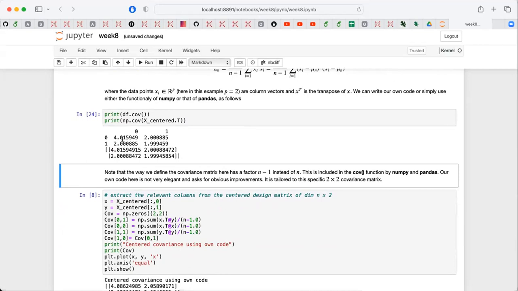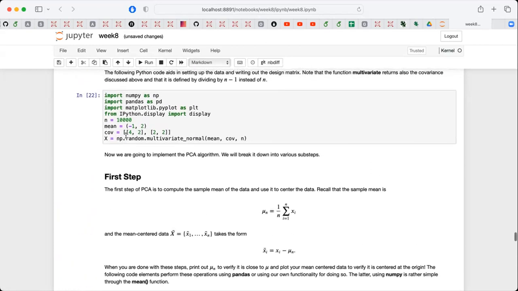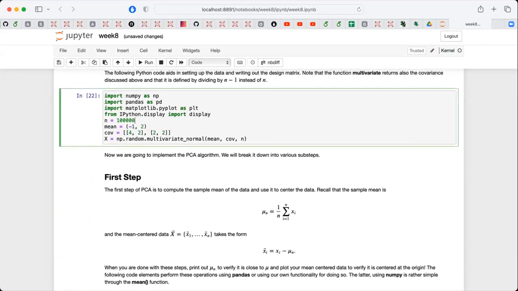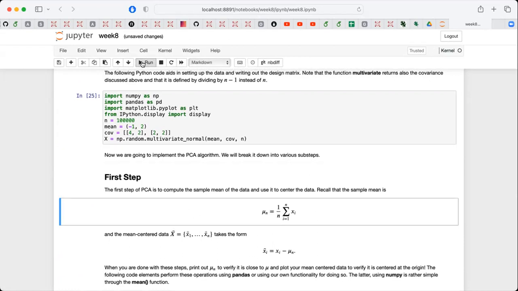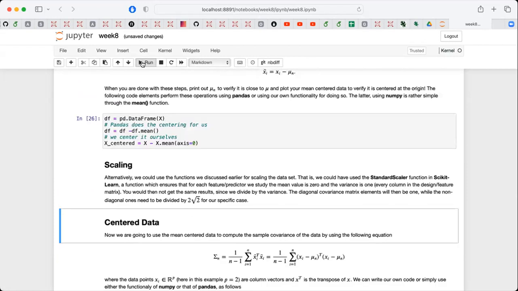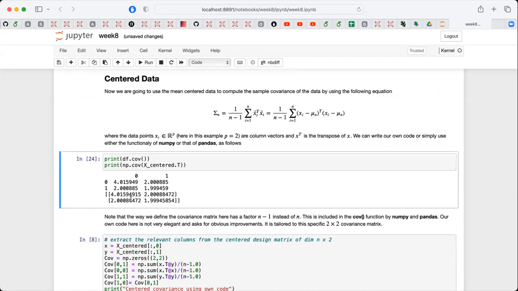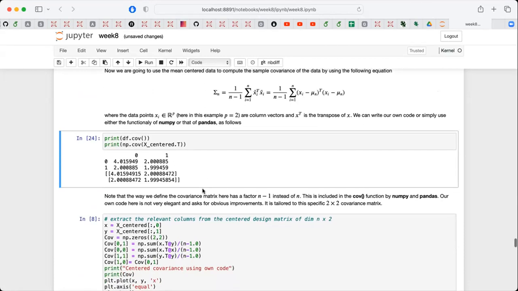I'm not getting the exact covariance because I have a limited data set. So if I increase the data set to, let's say, 100,000, then with the data I generate for the distribution, I'm going to get a covariance which is closer to 4 and 2. And you can see that here. So the results are a little bit better than what I had previously.